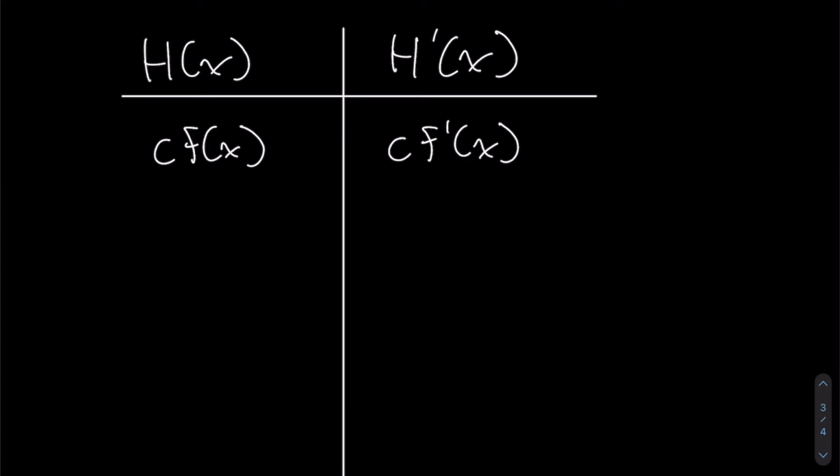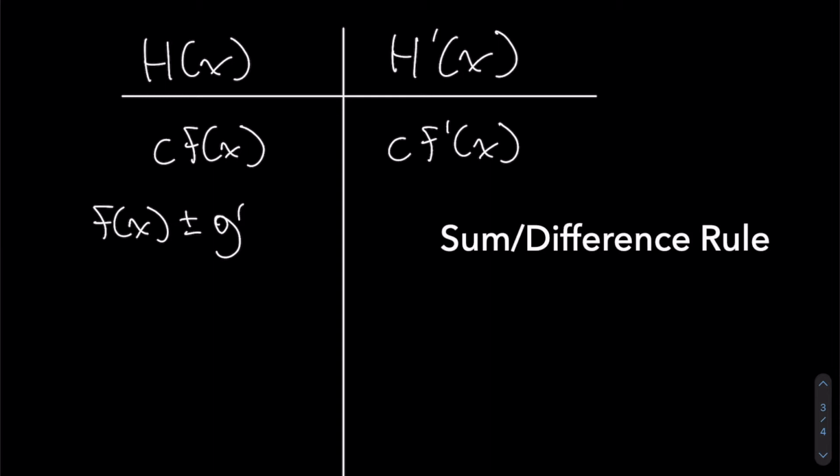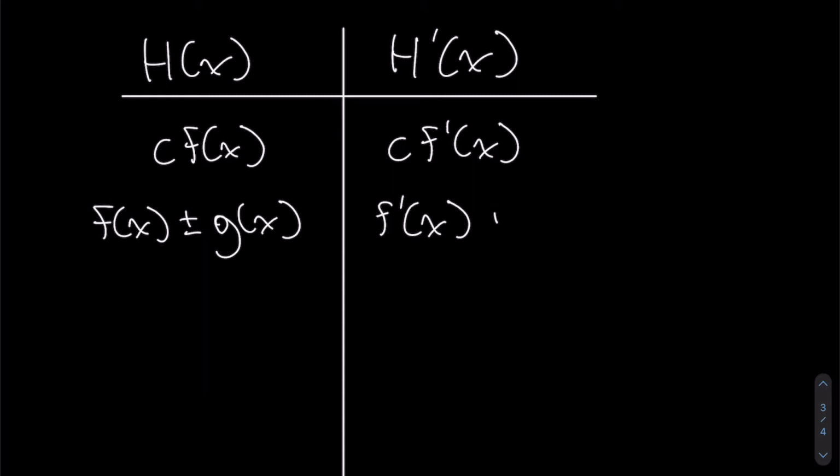Basically, if we have a constant times a function, the constant basically comes out, and you just take the derivative of the function by itself. This here is the sum and difference rule, where basically the derivative distributes into each term.